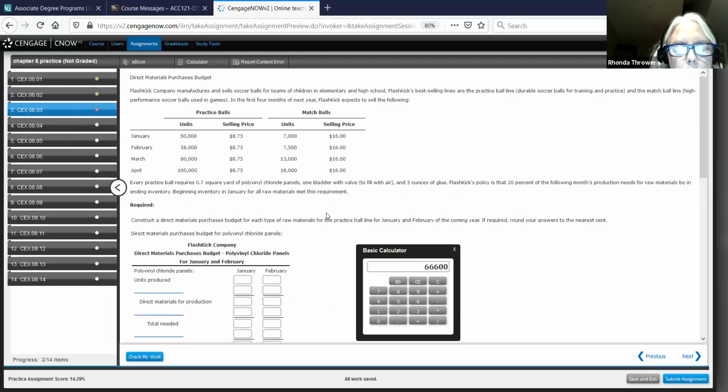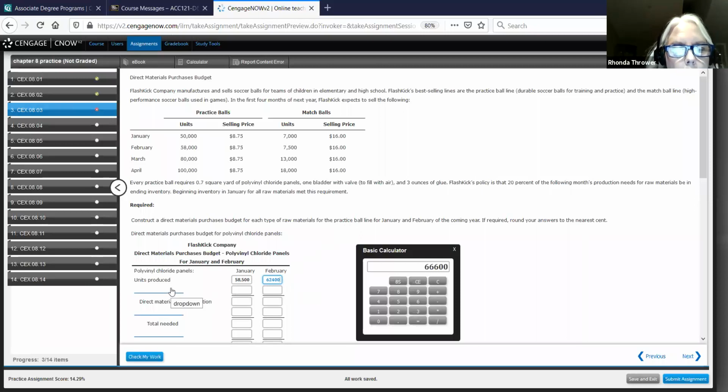So I'm going back to problem 8.3, and I'm going to put in the units produced were 58,500 for January, and then for February it would have been 62,400. Both of these were calculated for just the practice balls in the production budget from the previous exercise. So that's what we did earlier.